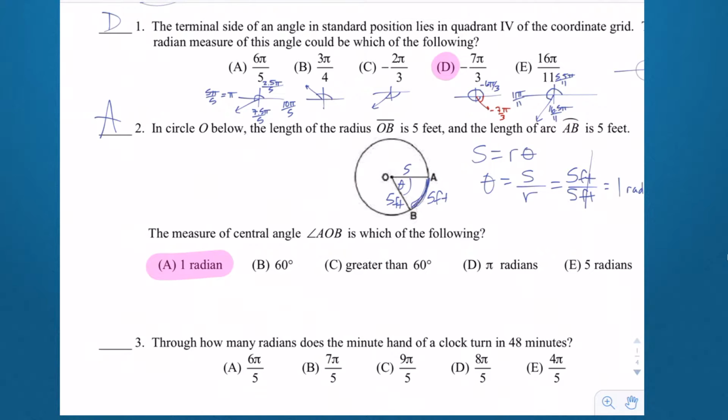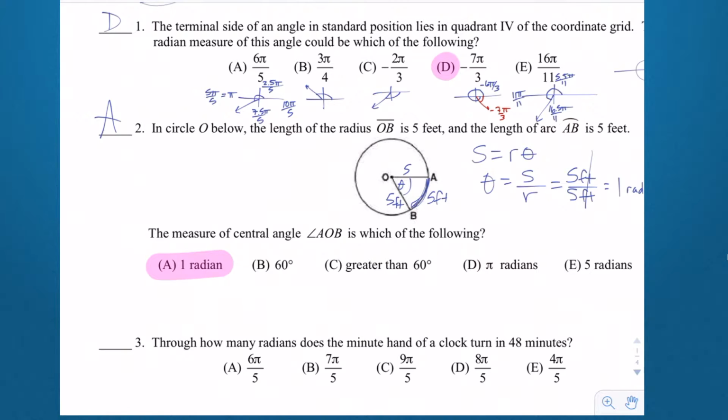And you also know it's not greater than 60 because 1 radian is 57 degrees, which is actually less than 60. So if there was an answer choice here that said less than 60, now there's 2 correct answer choices, and that's not going to happen. So to dismiss answer choices B and C from contention, you kind of had to know what the answer was. It was 1 radian. And remember, 1 radian is about 57 degrees.